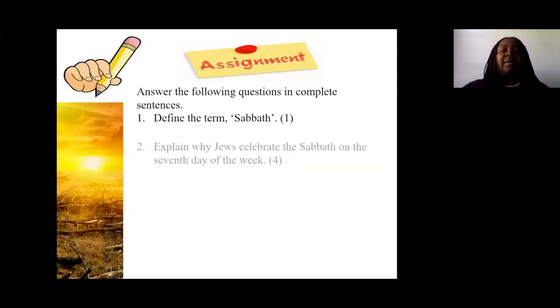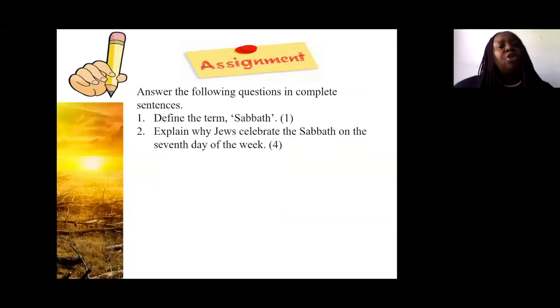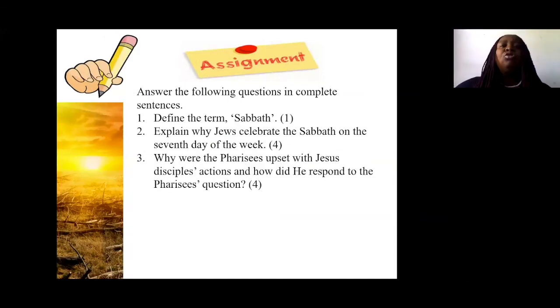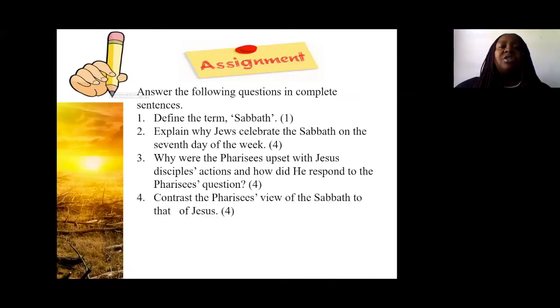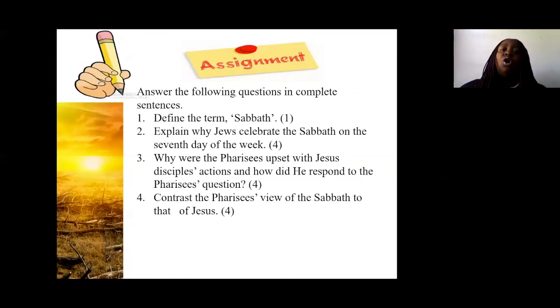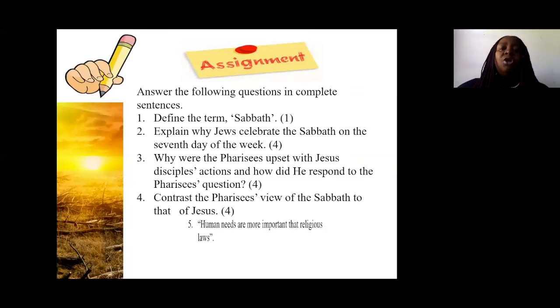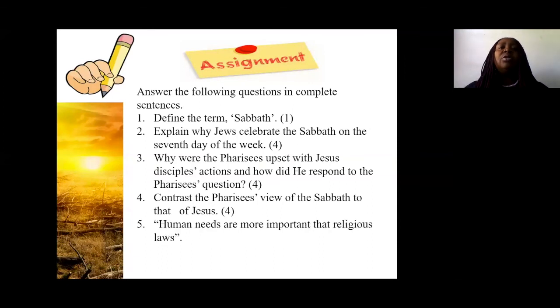Remember to put your name, your school, and your island. Remember our scripture, Mark chapter 2, verses 23 to 28. For some of you who may have logged on late, you can also use that to help you answer the questions.